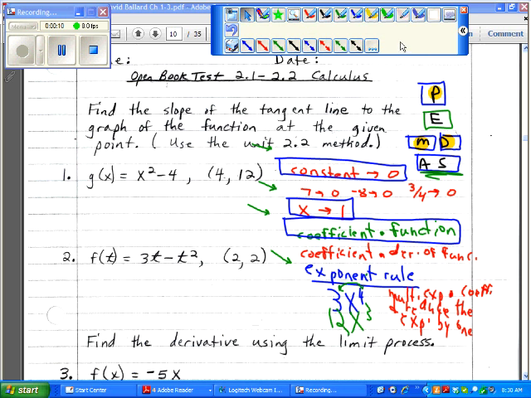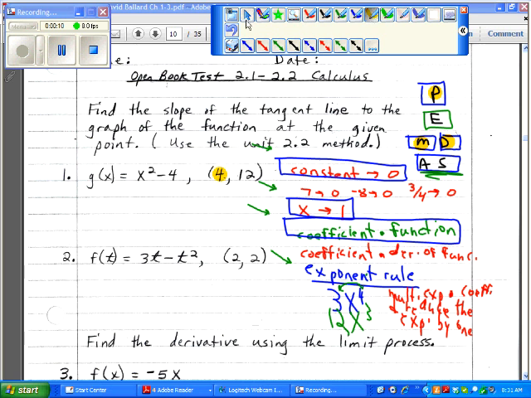All right, so number 1, it wants us to find the slope of the tangent line to the graph of the function at the given point. Now what is the derivative going to give us? The equation for the slope. And once we have the equation for the slope, what would we do?